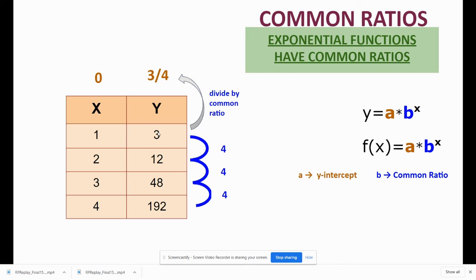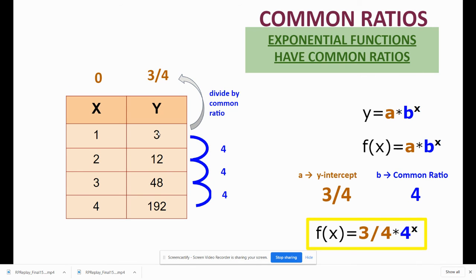So that is actually our A, which is the y-intercept. Okay, so the y-intercept is 3/4, common ratio is 4, and that is the function formula for this problem. F of x is equal to 3/4 times 4 to the power of x.